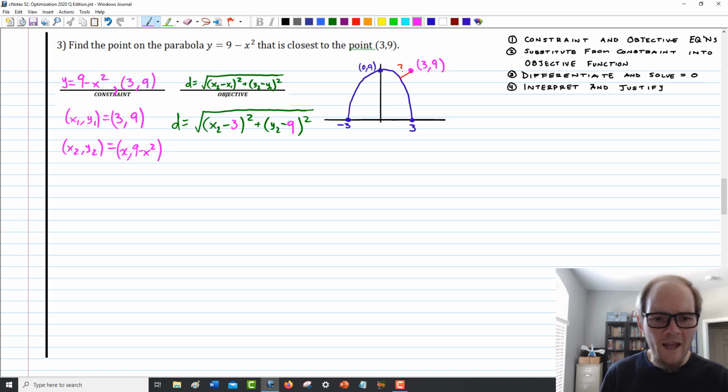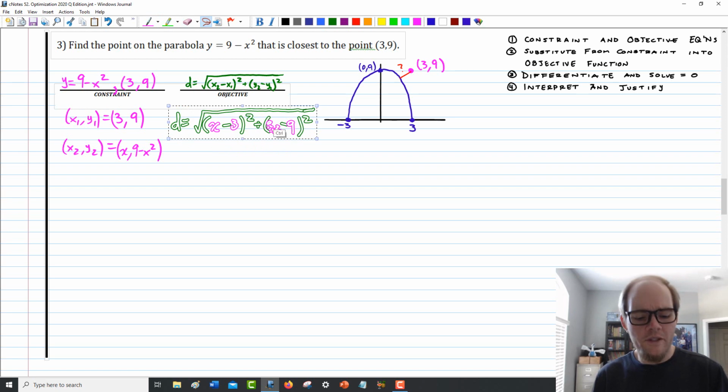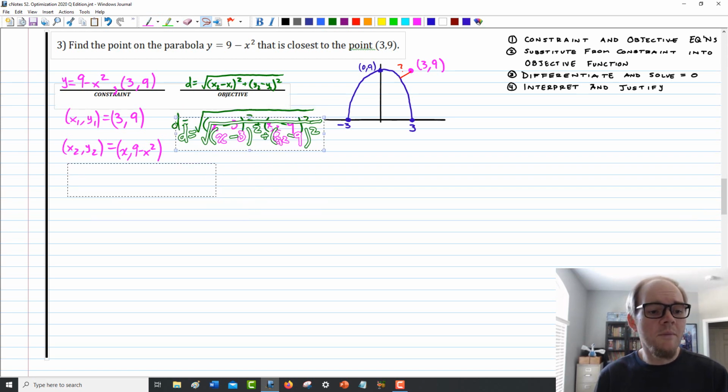By doing that, once more, I can change the way this is written. I'm going to write this as x minus 3 squared. And then for y, this is not going to fit quite in, but we're going to get 9 minus x squared minus 9 squared to get the y in there. And so this is actually going to be our equation that we try to optimize.